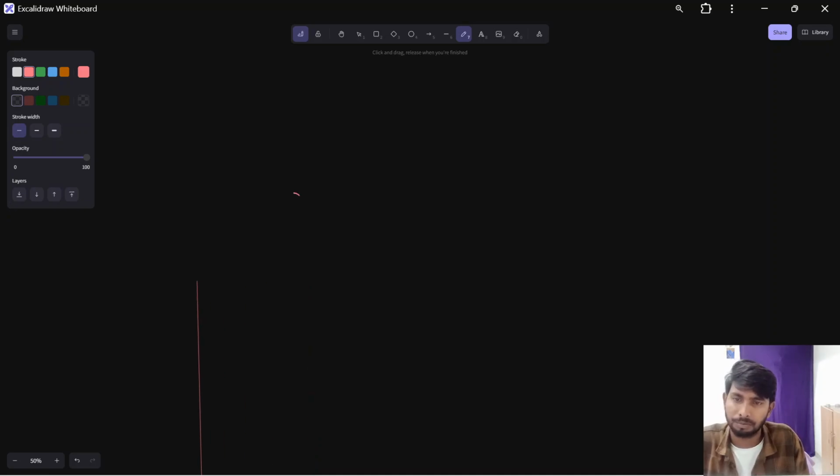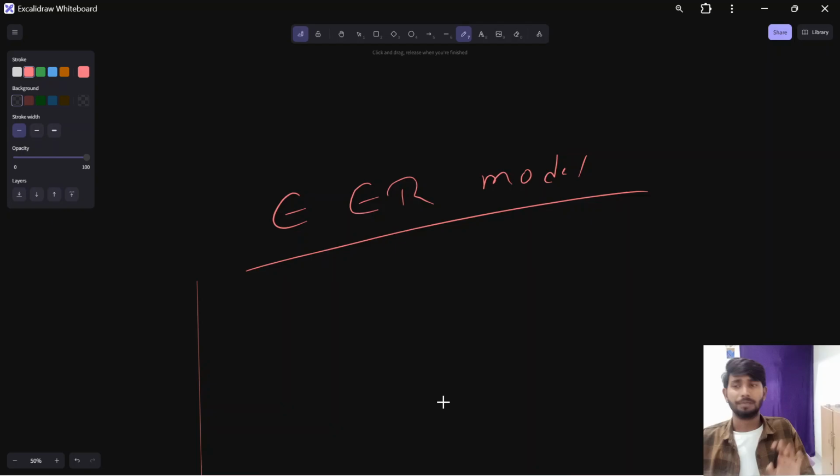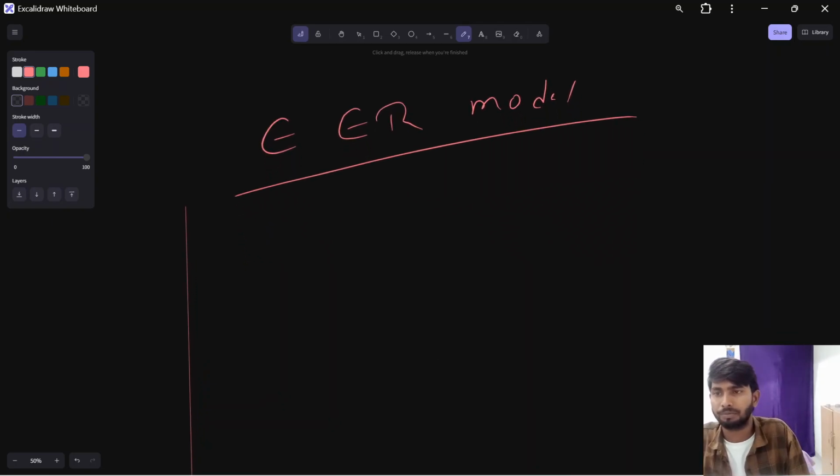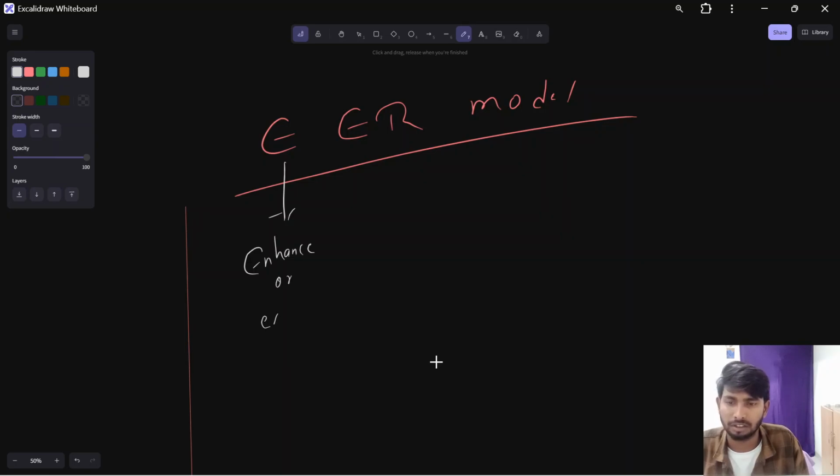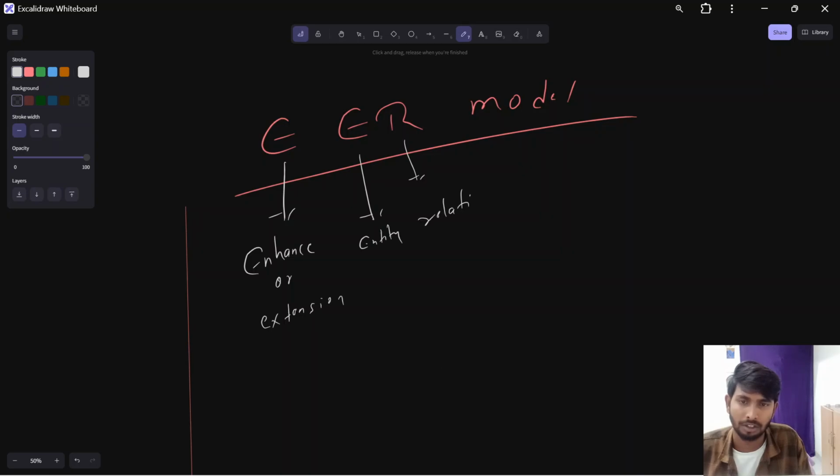EER stands for enhanced, or we can say extension of the entity relationship model. This is the extension of the ER model.